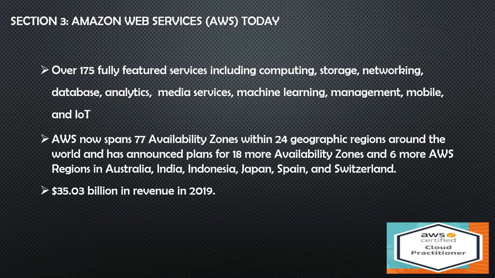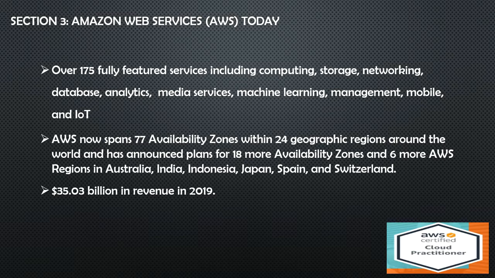And then you have the availability zones, right? AWS now spans 77 availability zones in 24 geographic regions around the world, and has announced plans for 18 more AZs and 6 more AWS regions. That would be in Australia, India, Indonesia, Japan, Spain and Switzerland. That is the future plan. AZs and regions I'll be explaining in the next few slides.